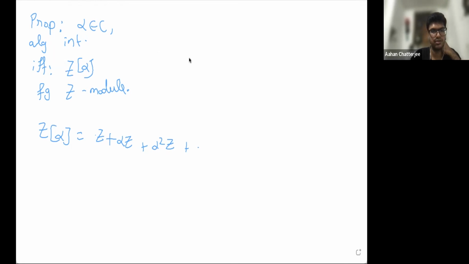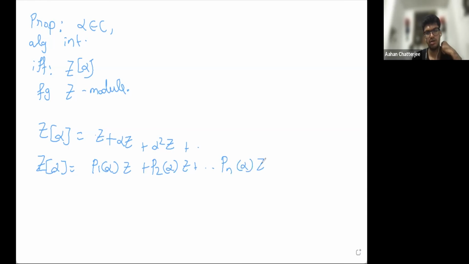Now suppose this is a finitely generated Z module. Then Z[alpha] is p1(alpha) Z plus p2(alpha) Z, and so on till pn(alpha) Z.